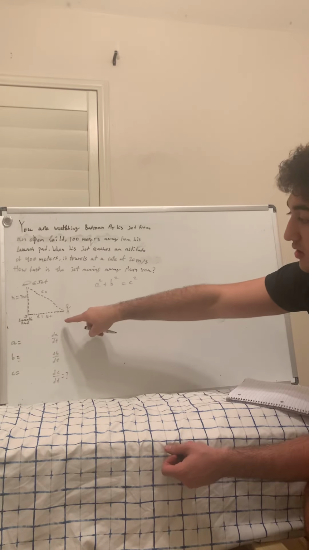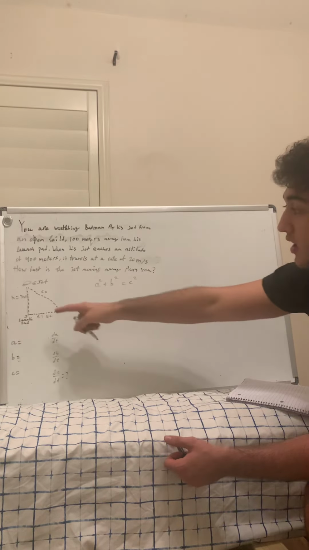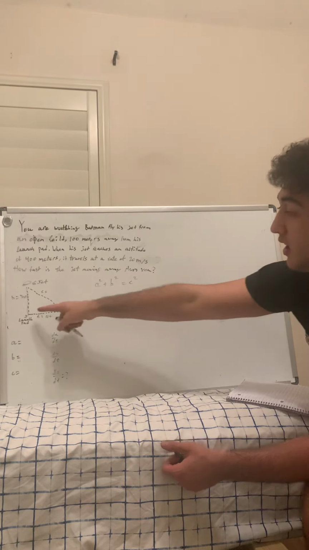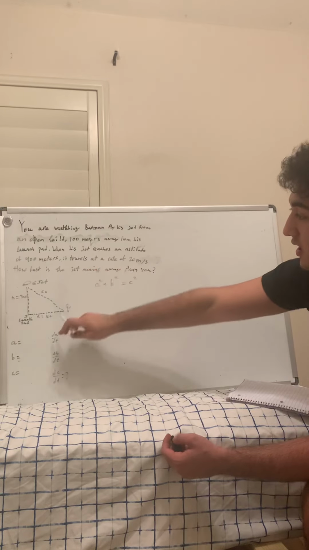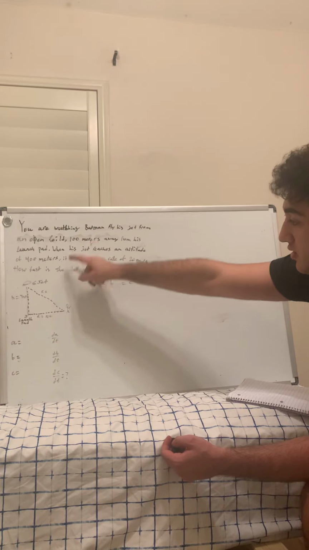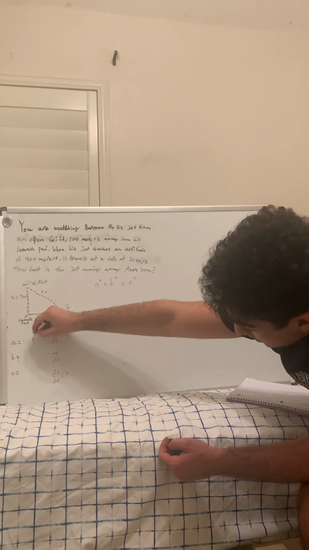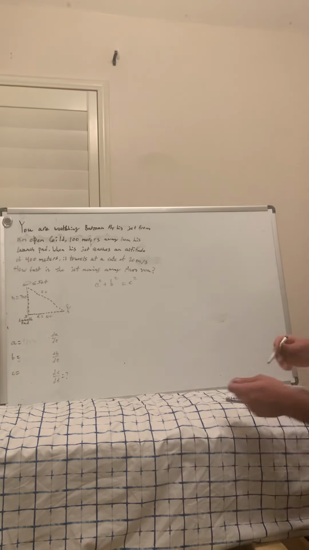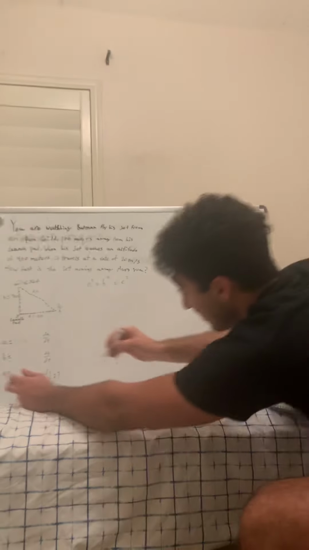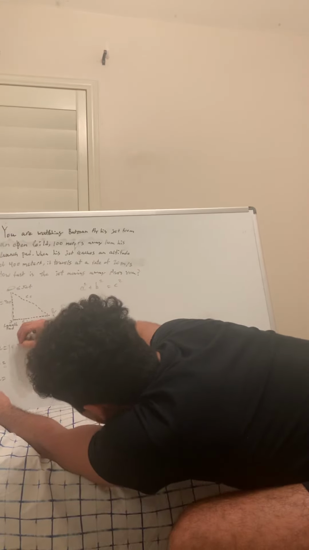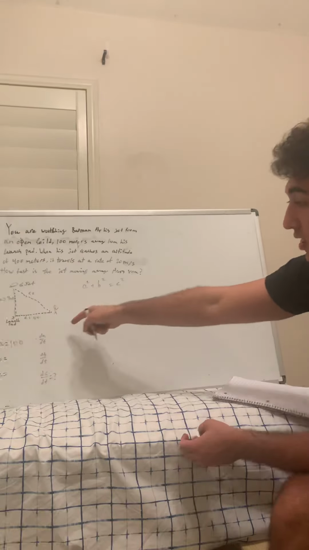So A would be the distance from you to the launch pad, B is the launch pad to the jet, and C is just your hypotenuse. And then you just fill it in. Your A value is 100, because that's the distance between you and the launch pad.